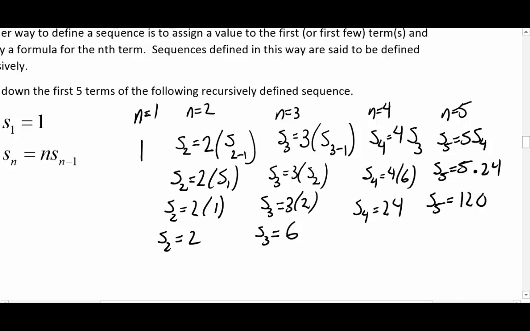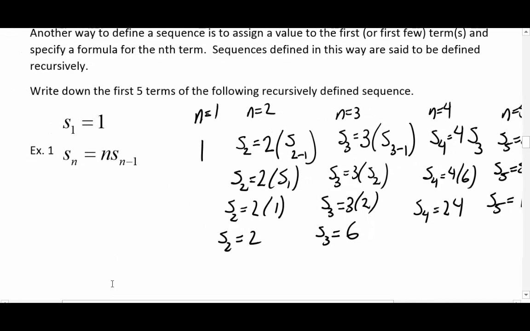It's where the term at position n is defined by the value n and some previous number in the pattern. So the fact that we're using the previous term to define the new term, we call that recursive. And there's a nice famous recursive sequence, which we're going to look at next.